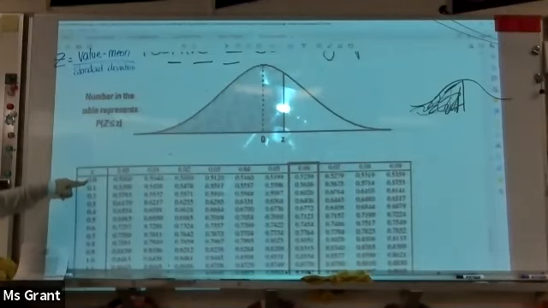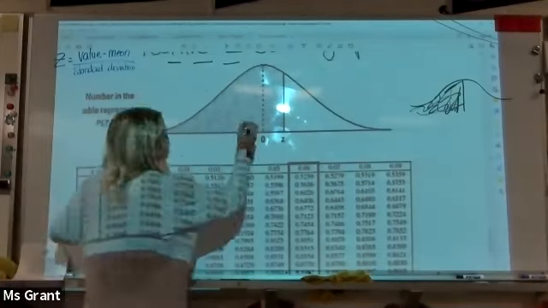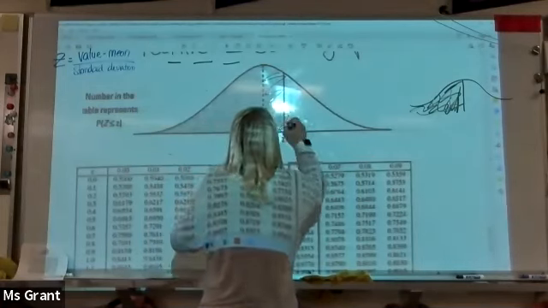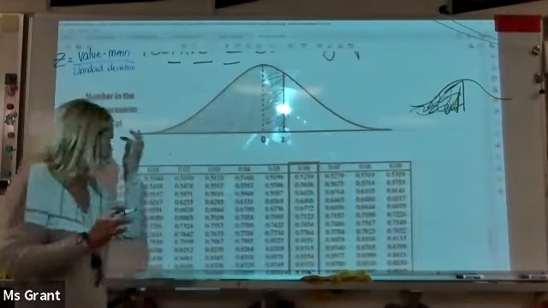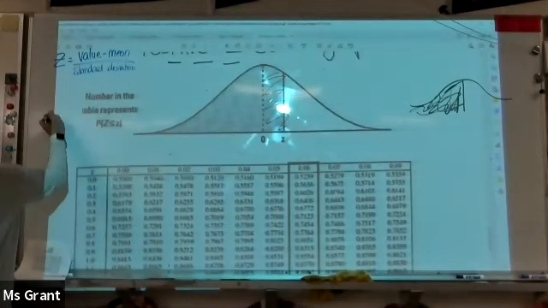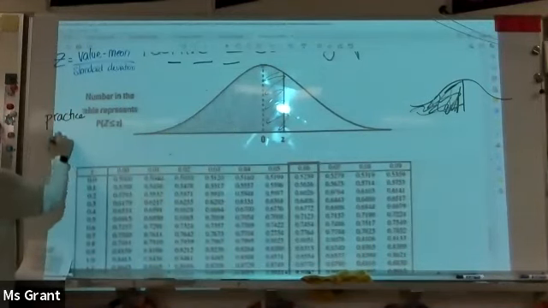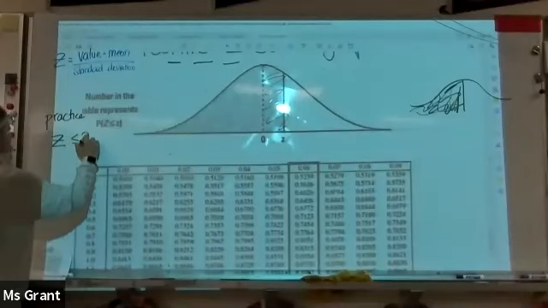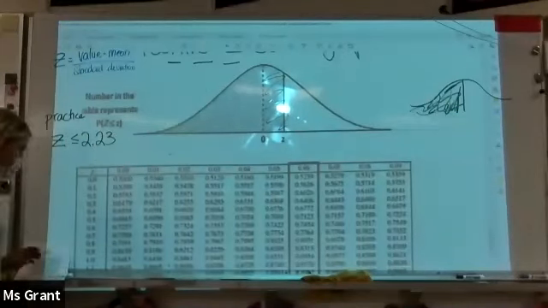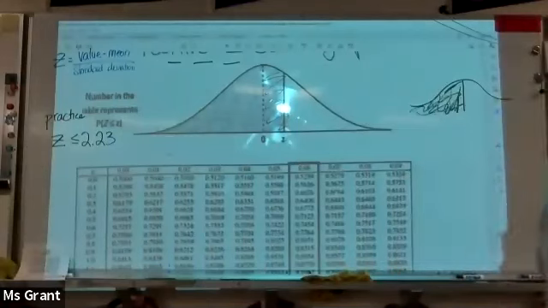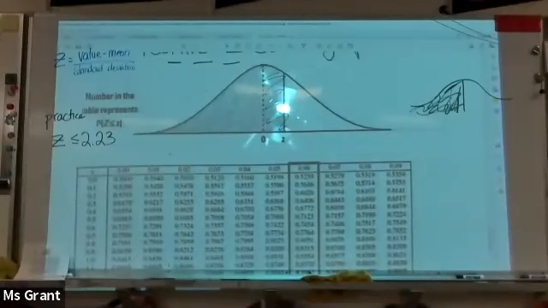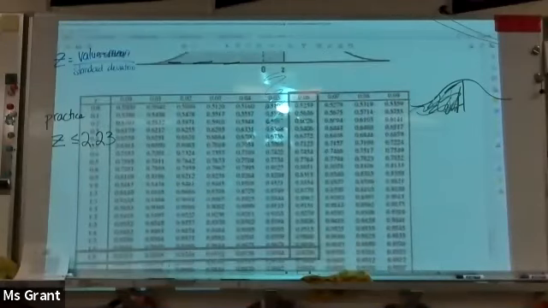This is 0, exactly the mean, but I'm now looking at z-scores up here, so it's not going to have any negatives on it. Here's a practice. Find a z-score that is positive 2.23. You can find 2.2 on the left-hand side. You need to find the 0.03 up above.